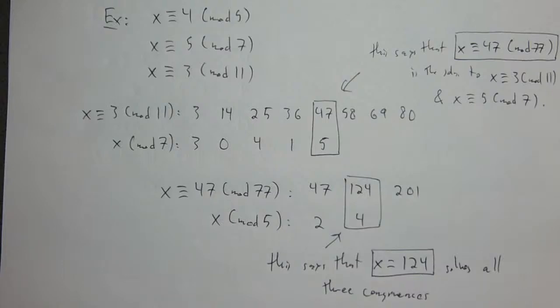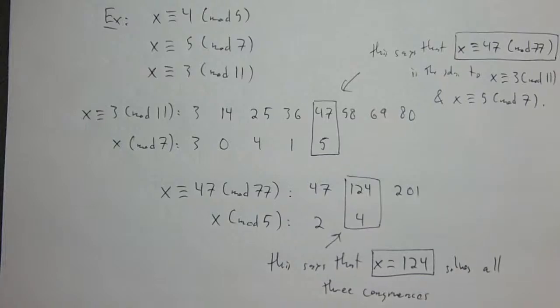All right. So this process is always going to work. But as you might imagine, with our list of 3 congruences, one, we only had 3 congruences. We could have more. And secondly, the moduli could be a lot bigger, right?